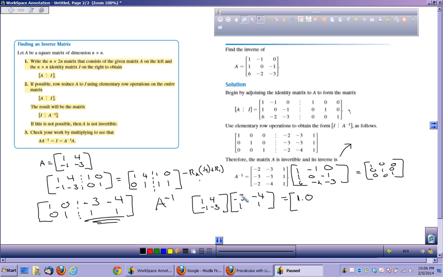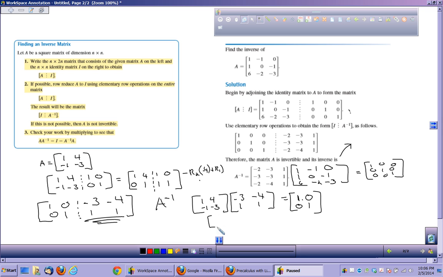-1 times -3 gives you 3, and -3 times 1 gives you -3, and that gives you 0 there. And -1 times -4 gives you positive 4, and -3 times 1 gives you negative 3, and 4 plus negative 3 gives you 1, and you end up with the identity matrix.